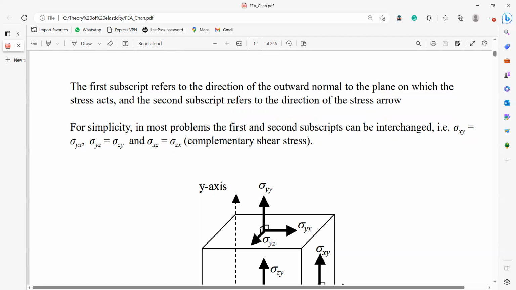Whereas when it comes to shear stresses or the complementary shear stresses, if you take sigma yx, in which direction is the outward normal? And in which direction is the stress arrow?